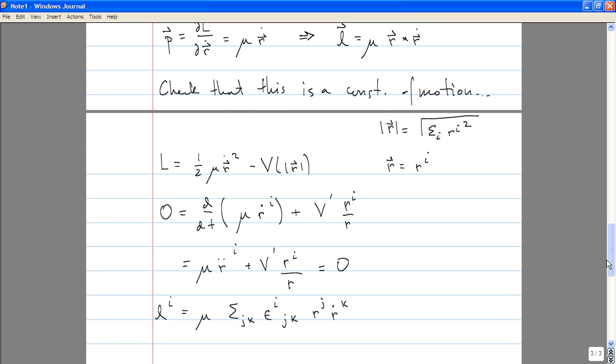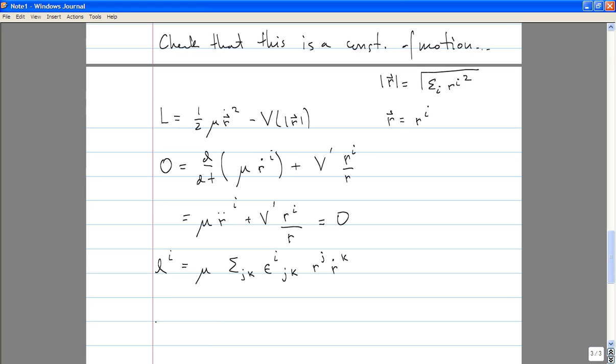So we can then compute the time derivative of L_i. So what is that? Mu times the sum over j and k, epsilon i, j, k, times the time derivative of r_j, r_k dot. So that's r_j dot, r_k dot, plus r_j, r_k double dot.